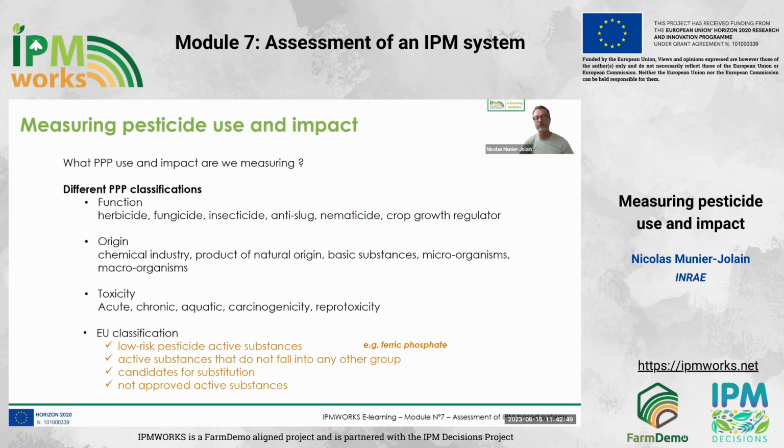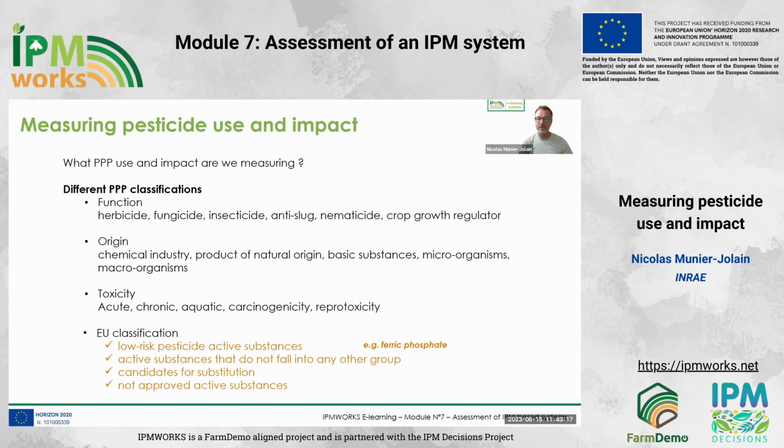We have herbicides, fungicides, insecticides, pesticides against slugs, against nematodes, and we also have crop growth regulators that are considered in the plant protection products. The origin of the pesticides might be from the chemical industry, but we also have other origins, such as products from natural origins.